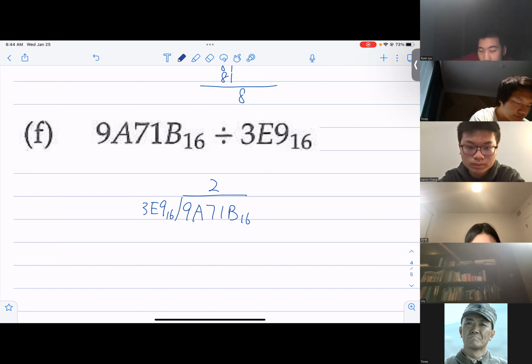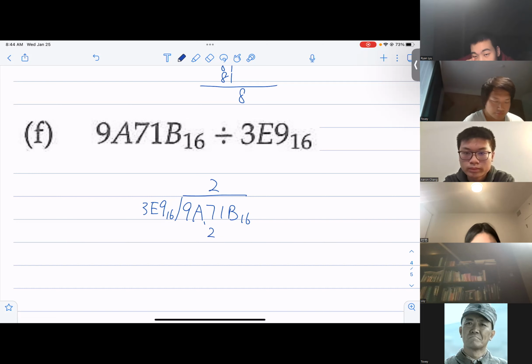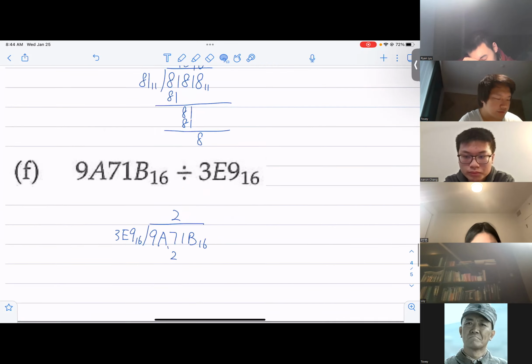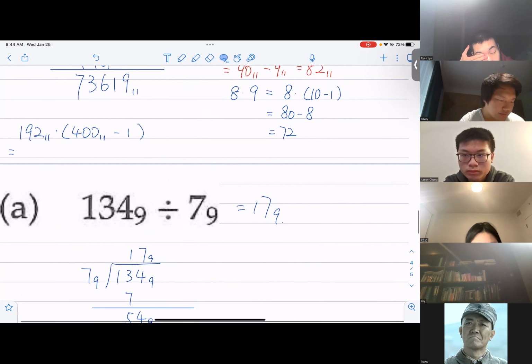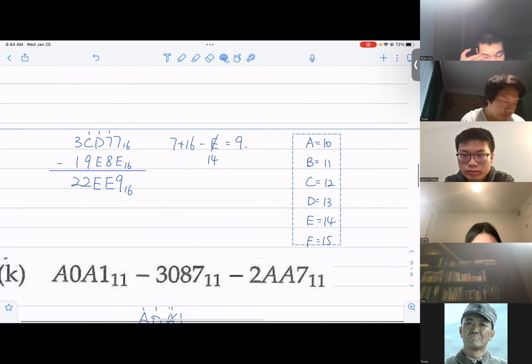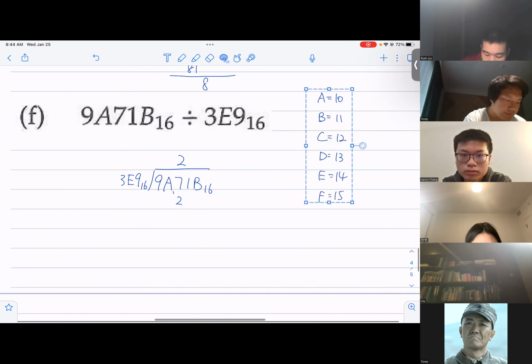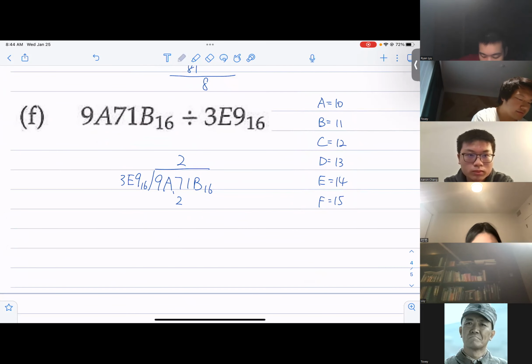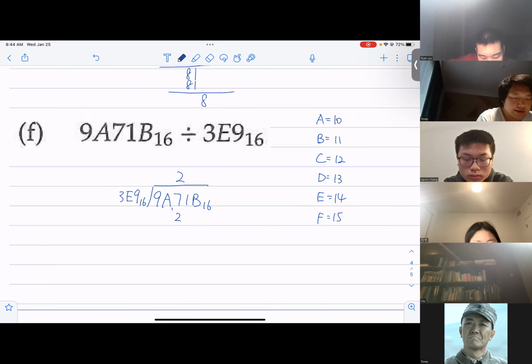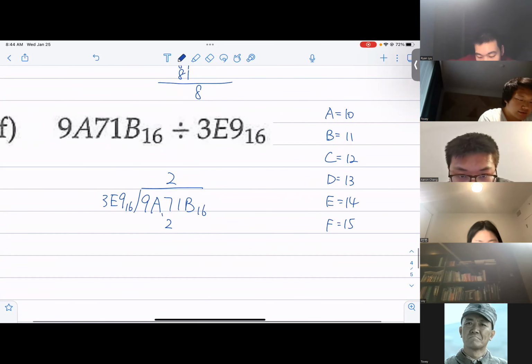2 times 9 is 18. 18 minus 16 is 2. So you put a 2 here and you carry 1 over. Okay, and then 2 times E. What is E again? Remember A, B, C, D, E, F? For number base 16, it's A, B, C, D, E, F from A to F. E is 14, right? A is 10, E is 14, okay?